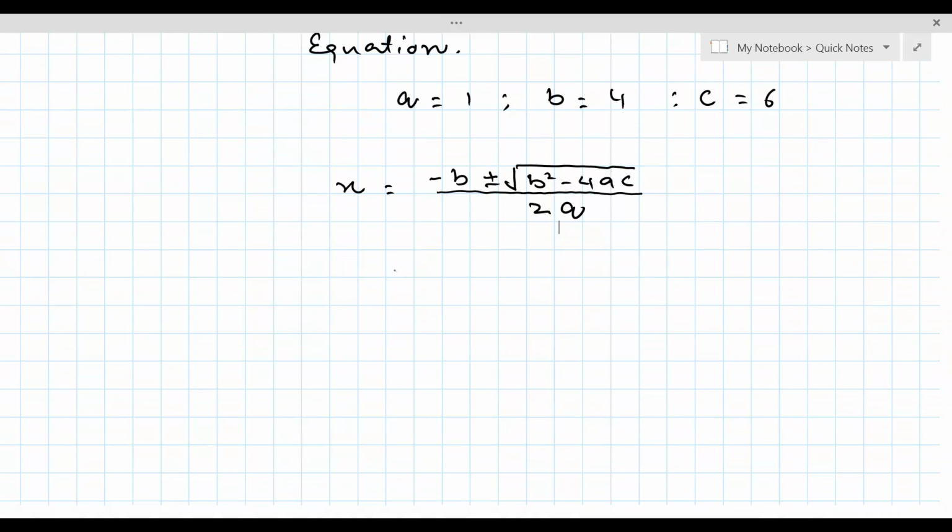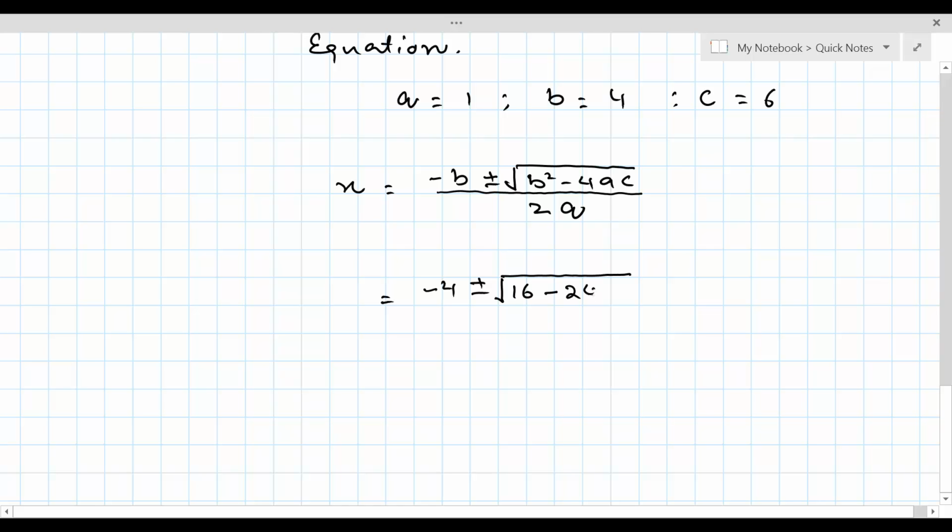So now when we substitute the values of a, b and c, this becomes minus 4 plus minus square root of b squared is 16, minus 4ac is 24, divided by 2a is equal to 2.